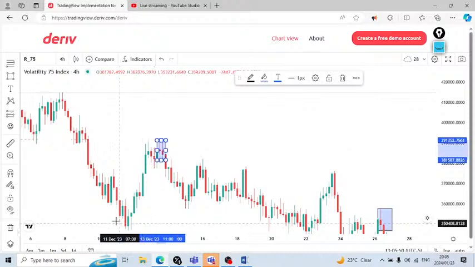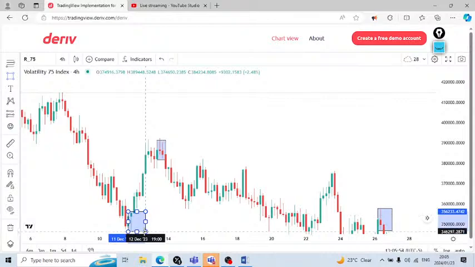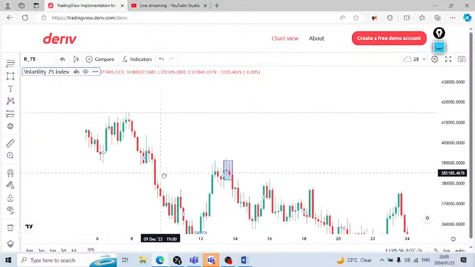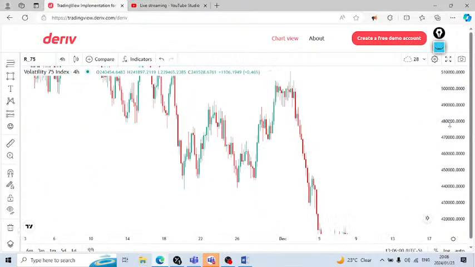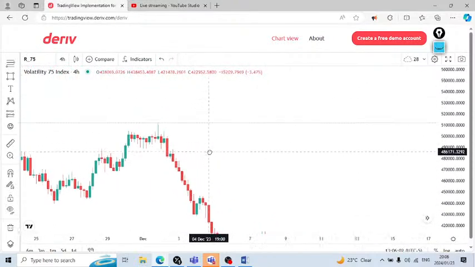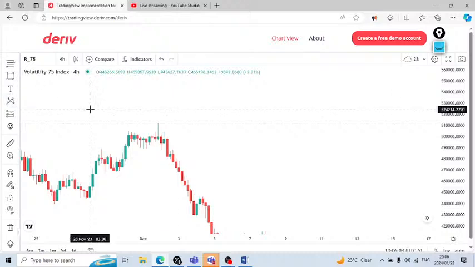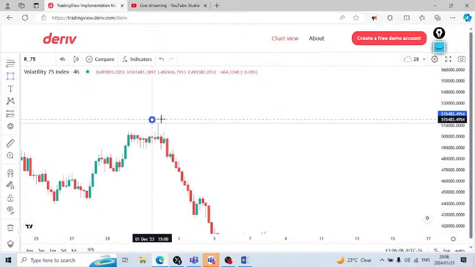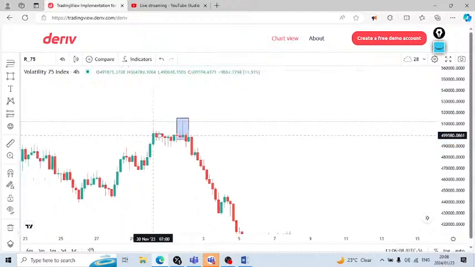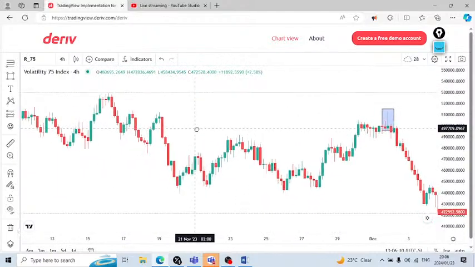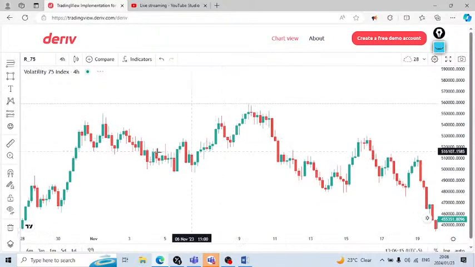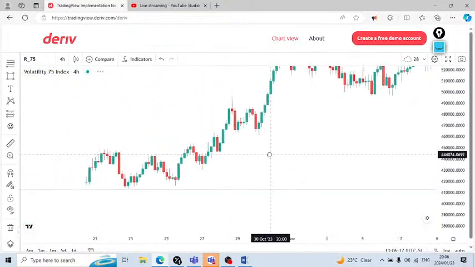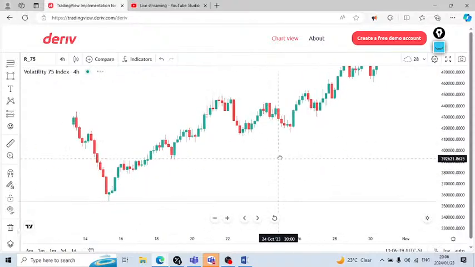I can see another one here, although this one is not sticking out from the surrounding candles. Let's look for more. It's a very, very common candlestick pattern. You see here again, this one has a bearish pin bar. This one was a shooting star, although it had the green color, but it's a shooting star. In most cases, when the market is reversing, these candlesticks are always there.